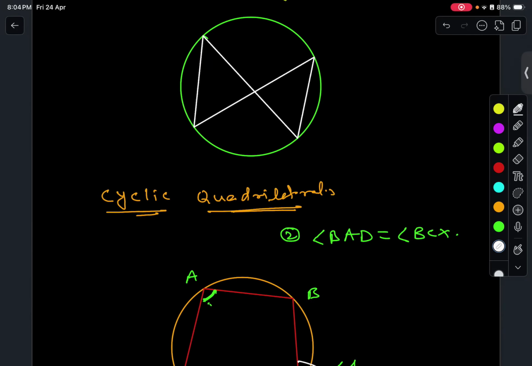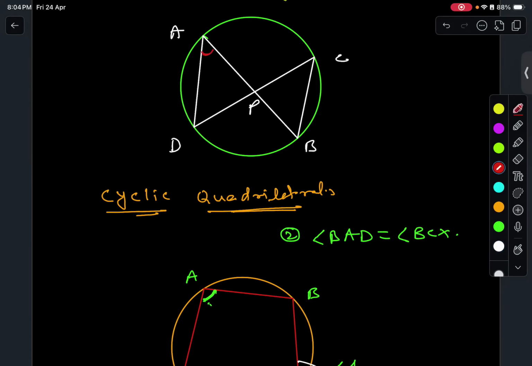That's very important. If I'm making something like this, like the chords are given in this way, two, three very important concepts will be there that we have to remember.